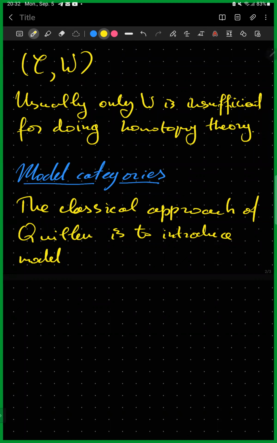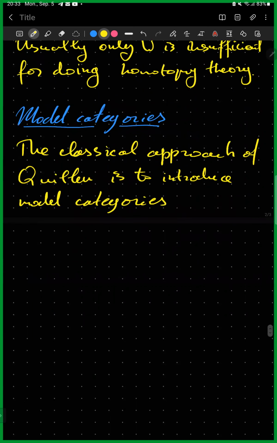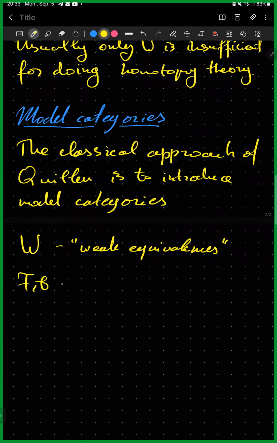Namely, there's a category with three distinguished classes of morphisms. These three distinguished classes of morphisms are, as already mentioned, weak equivalences, fibrations, and cofibrations.